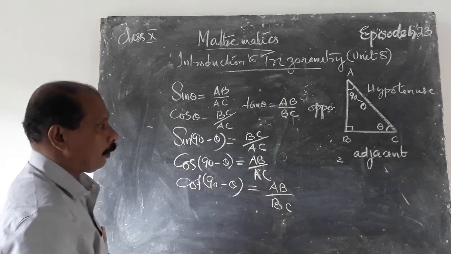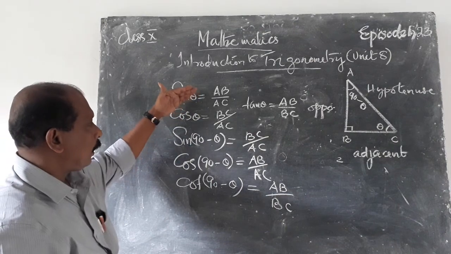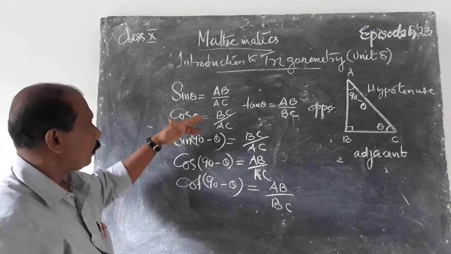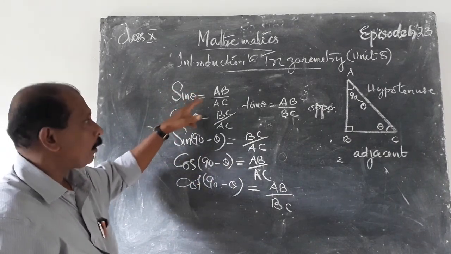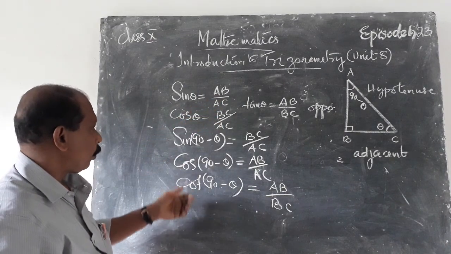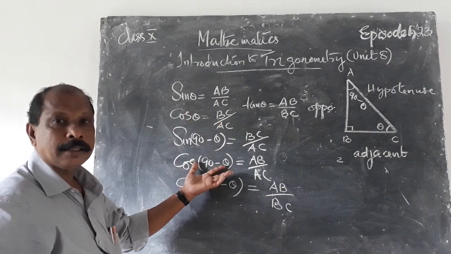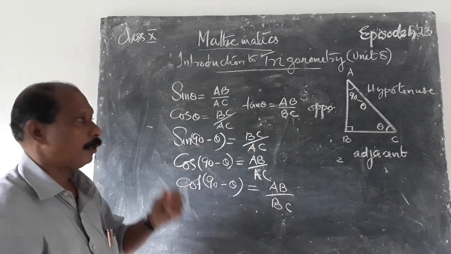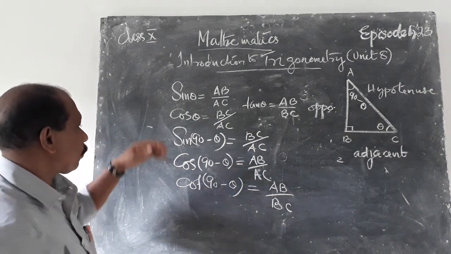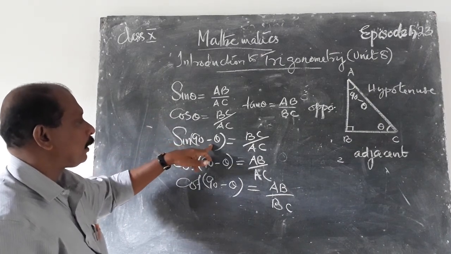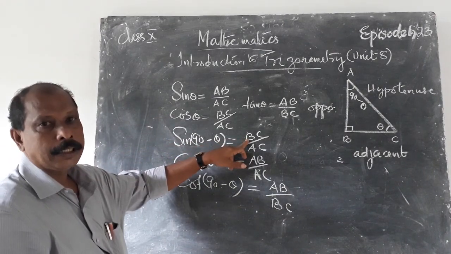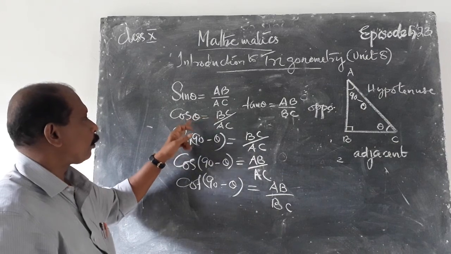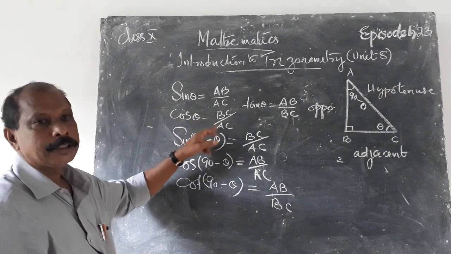Now, listen, comparing these results: sin theta is AB by AC, and cos 90 minus theta is AB by AC. Therefore, they are equal. Sin 90 minus theta is BC by AC, and cos theta is BC by AC.